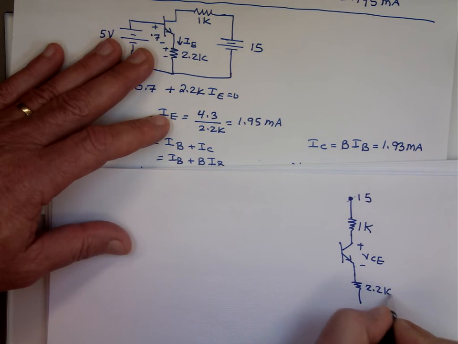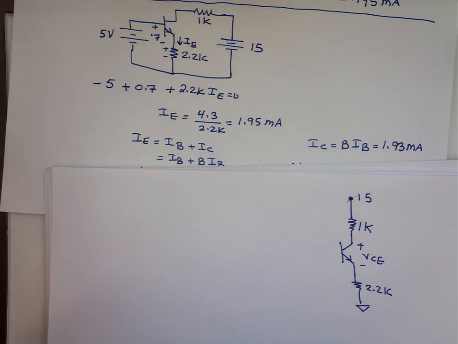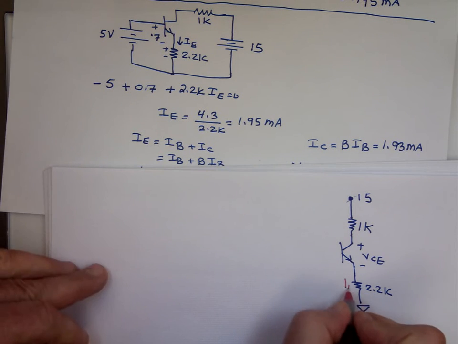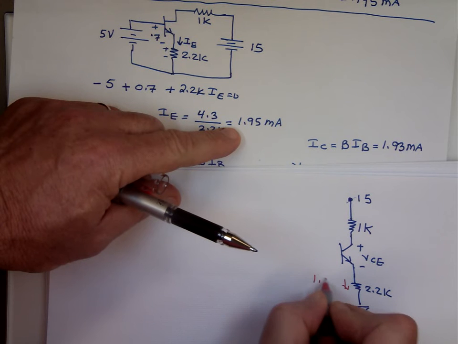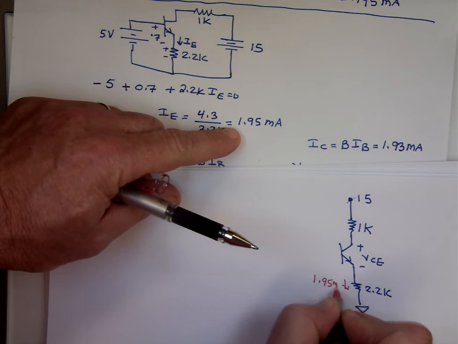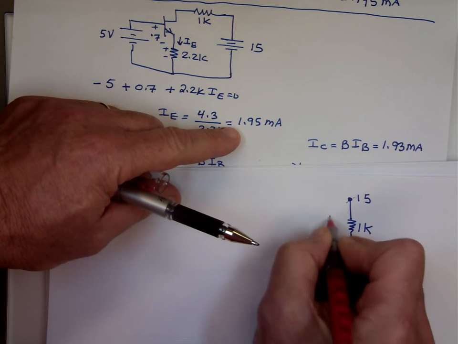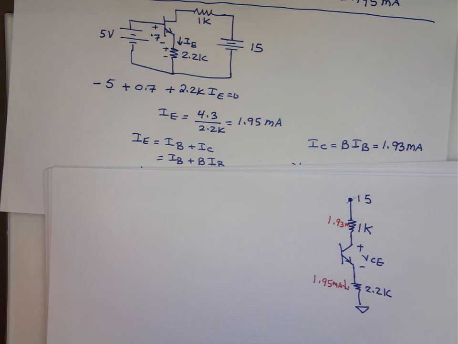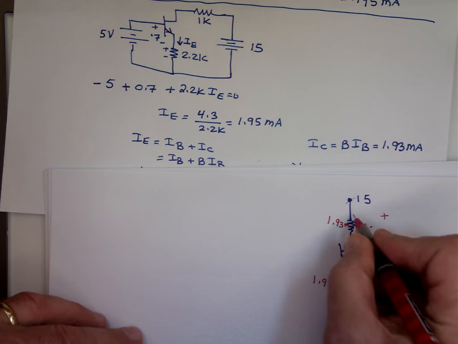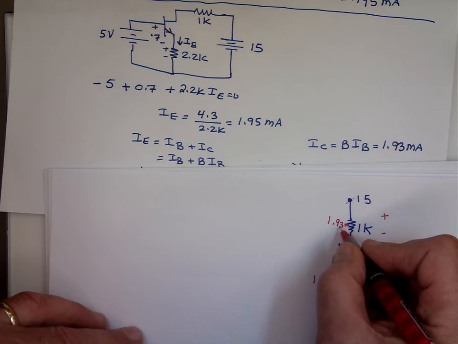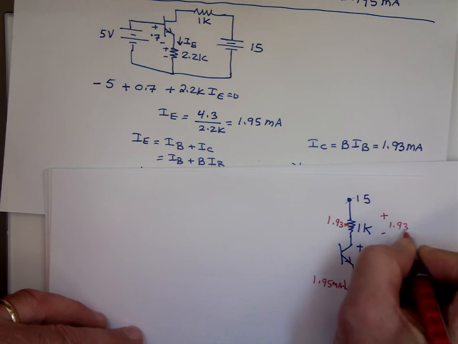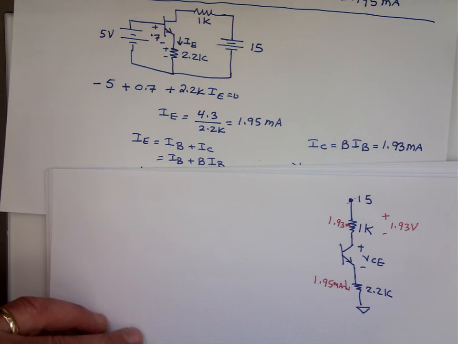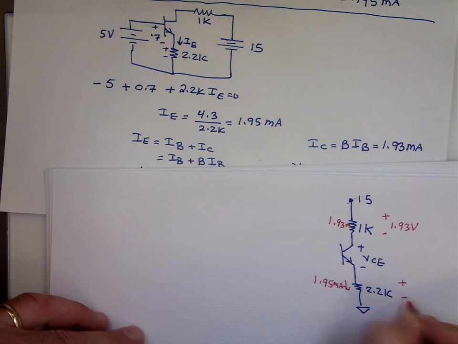Keep in mind that the current here is I sub E, which is 1.95 milliamp. And the current through this is 1.93 milliamp. So what's the voltage right here going to be? Ohm's law says this voltage here is 1K times that, 1.93 volts. This voltage will be what? 2.2K times that number.